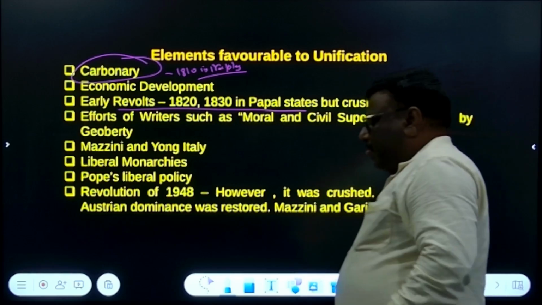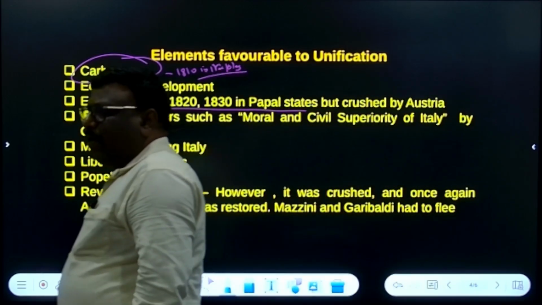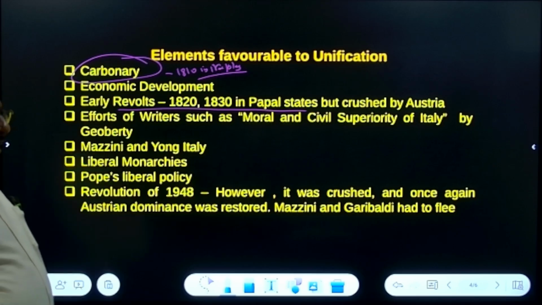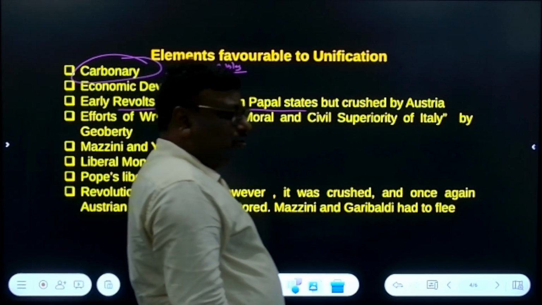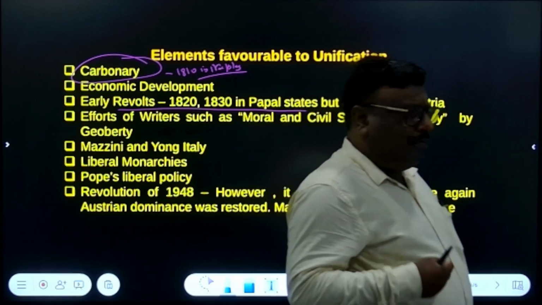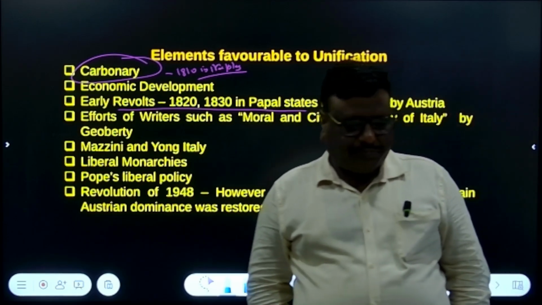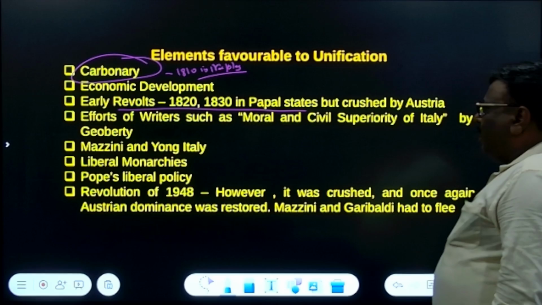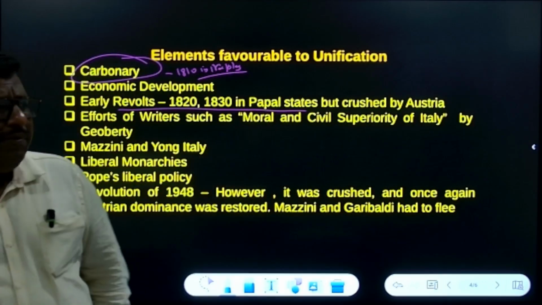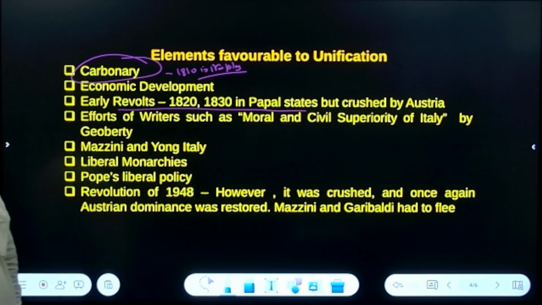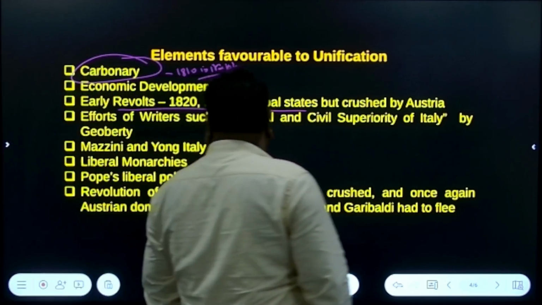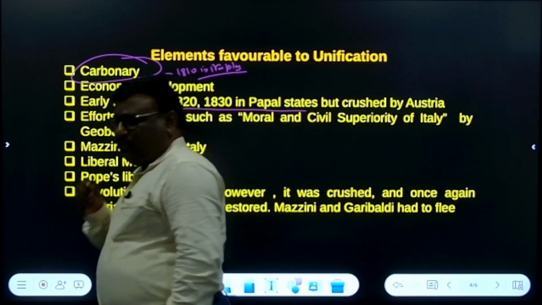The economic development at the beginning of the 19th century also brought patriotism, also brought the concept of oneness. Secret societies were making their own effort for the unification of Italy, but they could not achieve anything because Austria crushed the secret societies every time.